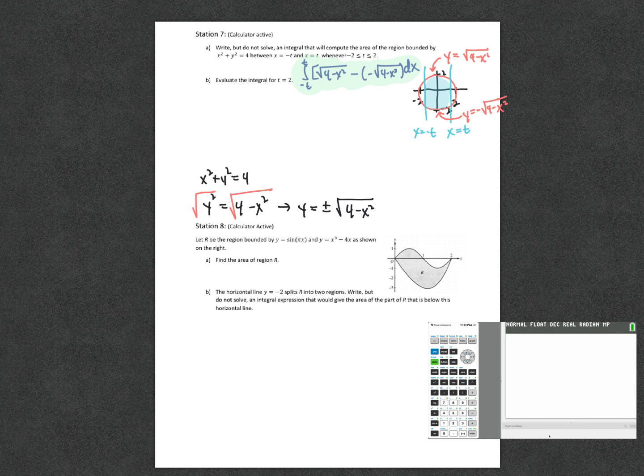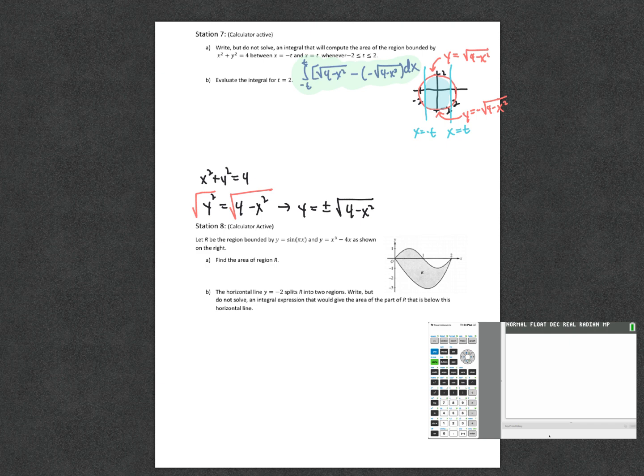Okay, and then part B, they say to actually evaluate the integral for t equals 2. So if t is 2, this goes from negative 2 to 2. They want just the area from negative 2 to 2, and that's really all this area. Even if we could set up the integral, we're not going to actually integrate it to get an answer. We can do this a couple ways, and tell me if this makes sense.